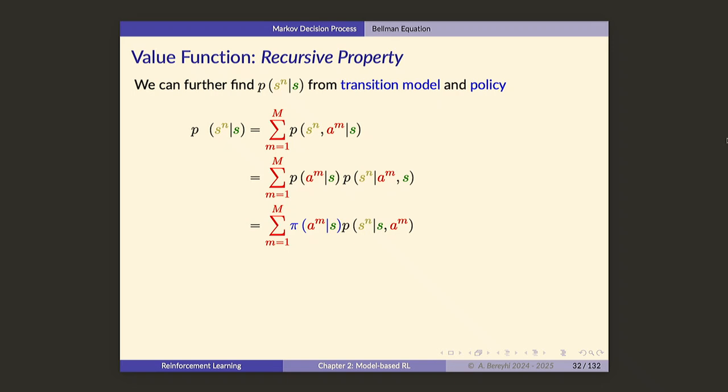Everybody's clear? Now, one thing that I'm going to do, I am going to put a pi here. You see here? The reason that I put the pi here is because this expression, the probability of the next state given my current state, depends on my policy, right? You see it here in this expression, correct? And it makes sense. If I'm in this particular state, what is the probability of the next state? It depends on my policy.